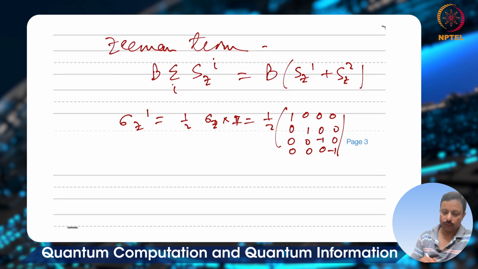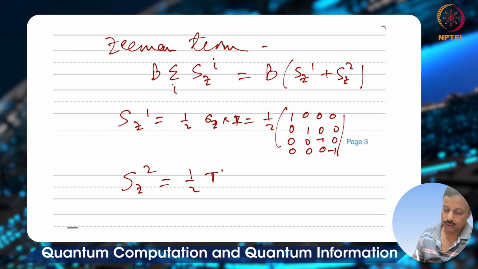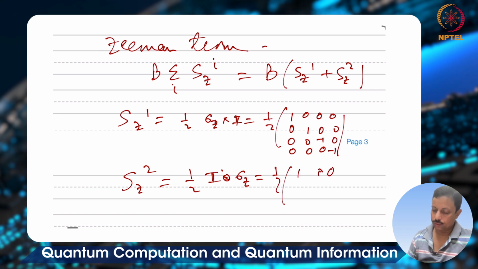This is Sz1, and similarly your Sz2 is equal to half of identity tensor sigma z, and that's half of the diagonal matrix 1, minus 1, 1, minus 1.